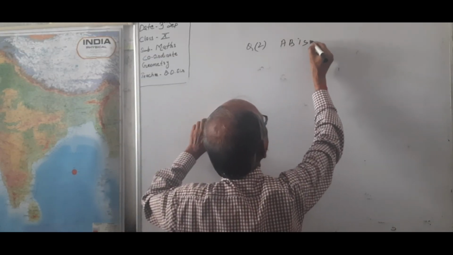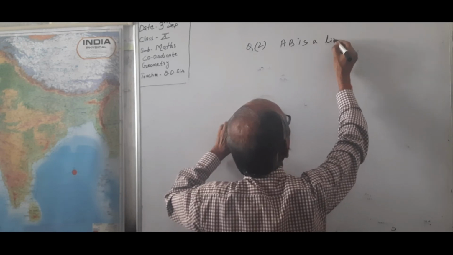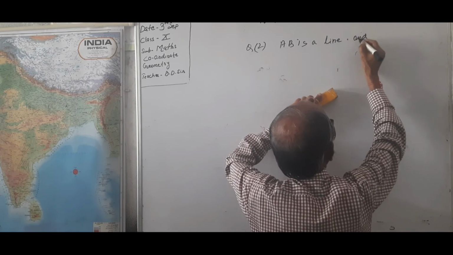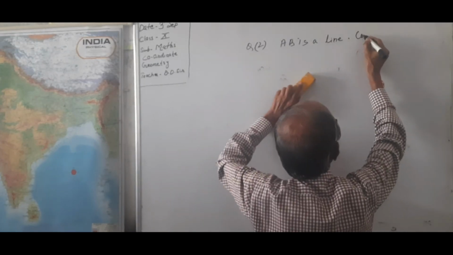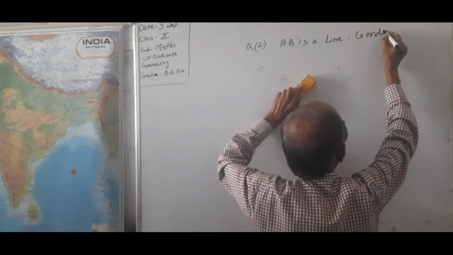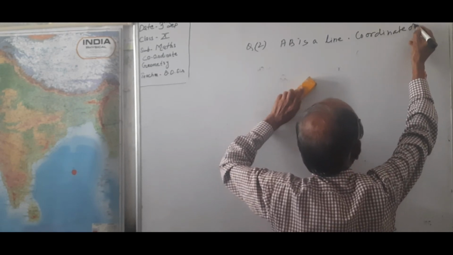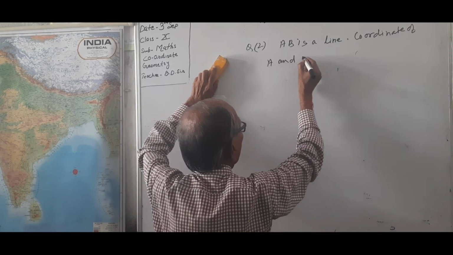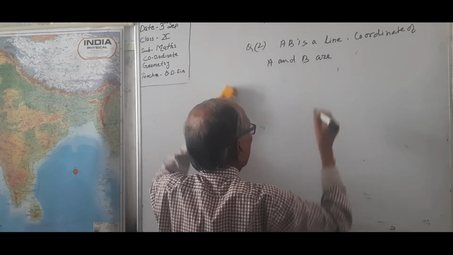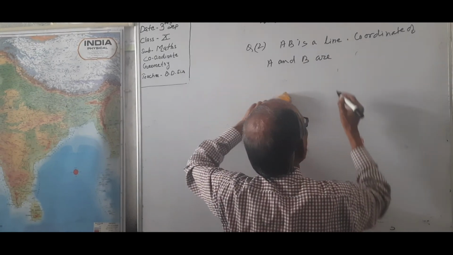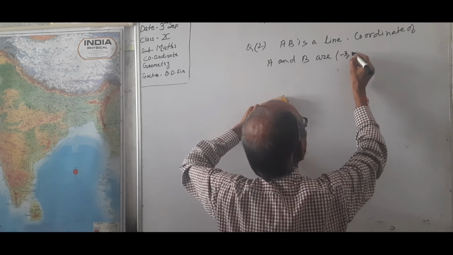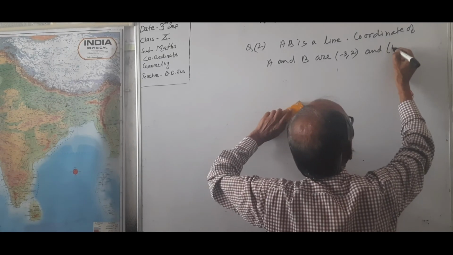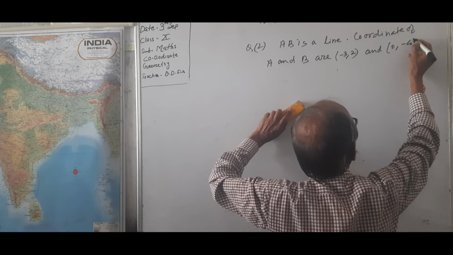AB is a line and the coordinates of A and B are, and I am giving any value, suppose (-3, 2) and (0, -4).